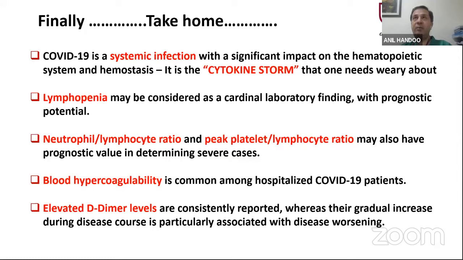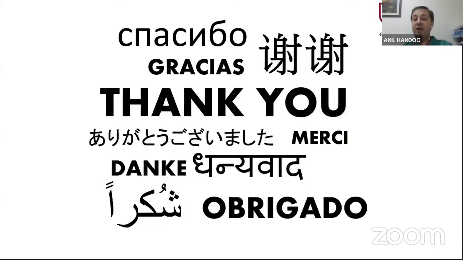And that is where perhaps thromboelastometry based platforms like TEG and ROTEM would be useful. And elevated D-dimer levels are constantly reported, whereas their gradual decrease during the course is particularly associated, increase is particularly associated with disease worsening.